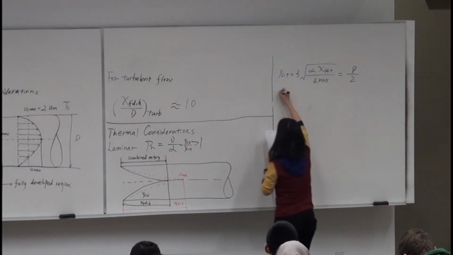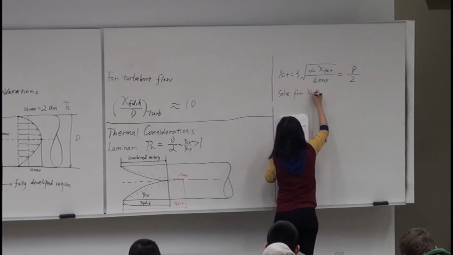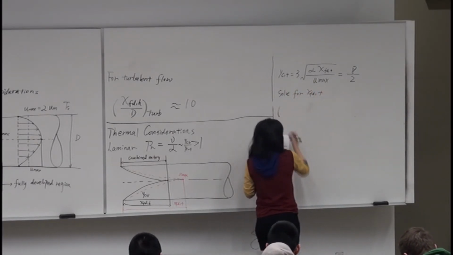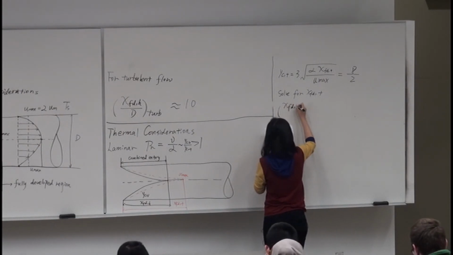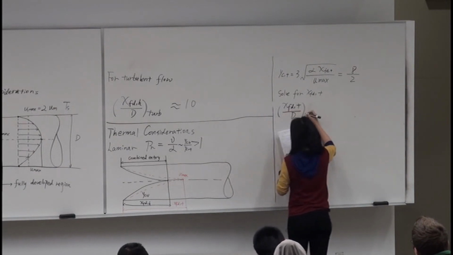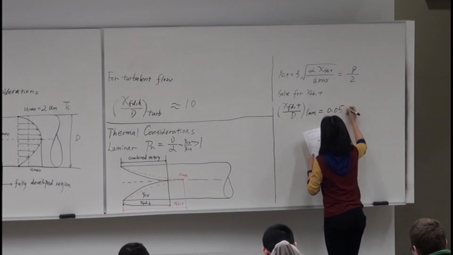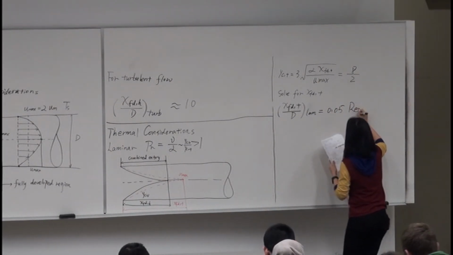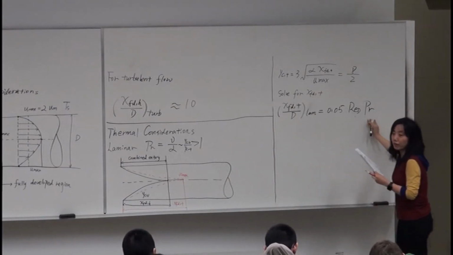And so for x_fd,T, we would have for laminar flow, the fully developed thermal entry length is given as 0.05 Reynolds number times the Prandtl number.